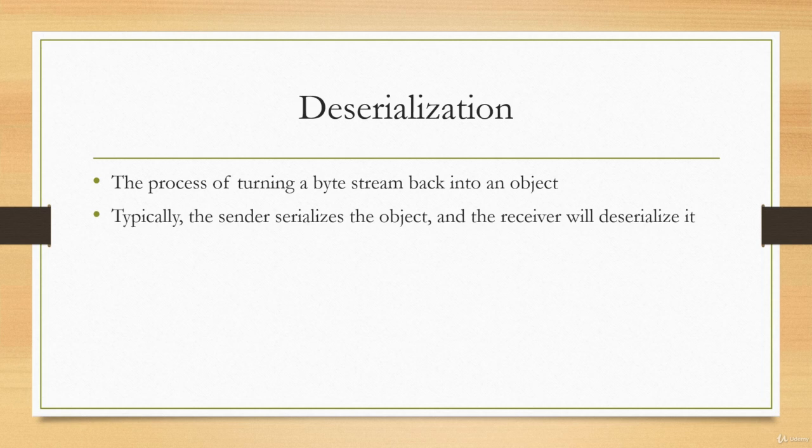We might put the object type at the very beginning, and then the person who receives it sees what kind of object it is, sees the properties in the byte stream, and builds the object based on that information. So the typical flow is that the sender will serialize an object and send it off, the receiver will deserialize the byte stream back into an object, and in the end they'll be able to transmit data in this way.